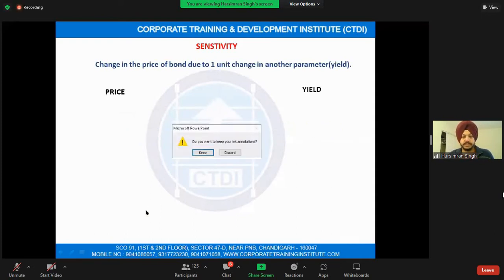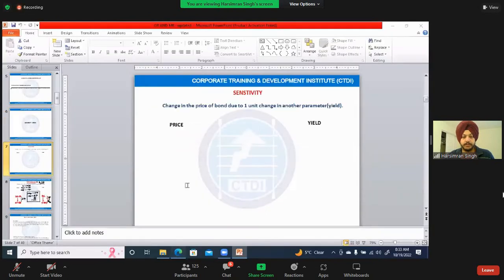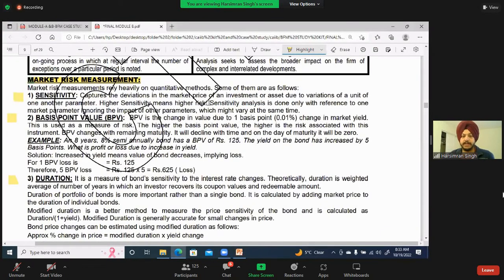Now what is sensitivity? Sensitivity captures the deviation. Deviation means changes. So what is the meaning of the word deviation? Changes in the market price of an investment. So rather than investment, you think of bond. So what is a change in the price of bond due to change in unit of another parameter?